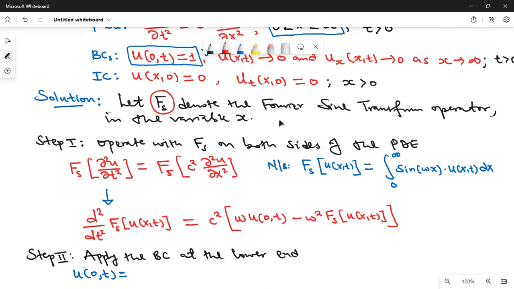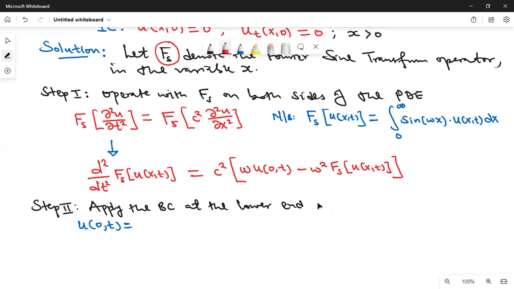So let's apply that. Where there is u of 0, t, you need to write 1. So this value here is 1, and 1 times omega will just be omega. So what will be our equation?